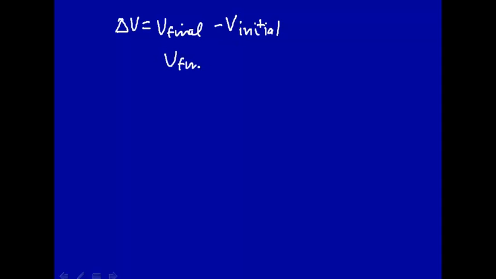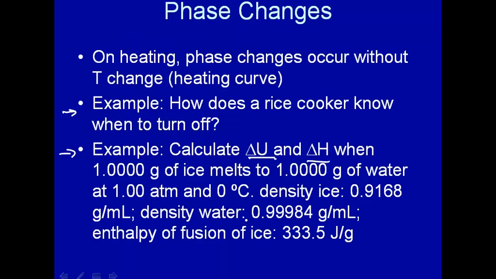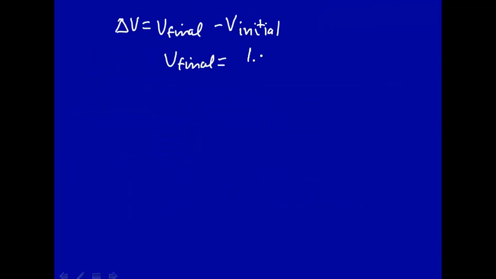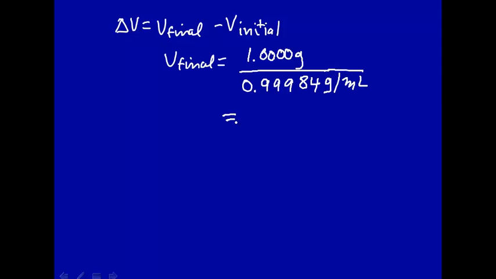The final volume will just be, using the density of the liquid that we're given here, 1 gram divided by the density, 0.99984 gram per milliliter. So the final volume is 1.00016 milliliters, ignoring significant figures here.